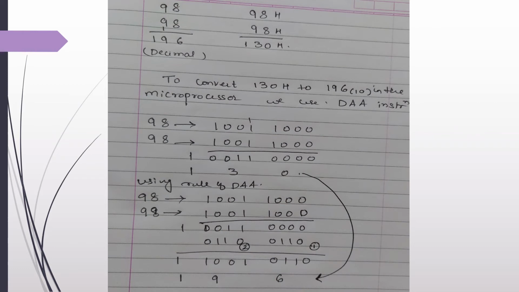Since it is also not greater than 9, but carry has been generated, we need to add 6 here also, that is 0110. So we have added 6 to the answer. After adding these two numbers, what we get is 196. This is how you convert the hexadecimal to decimal passing through decimal adjust accumulator.